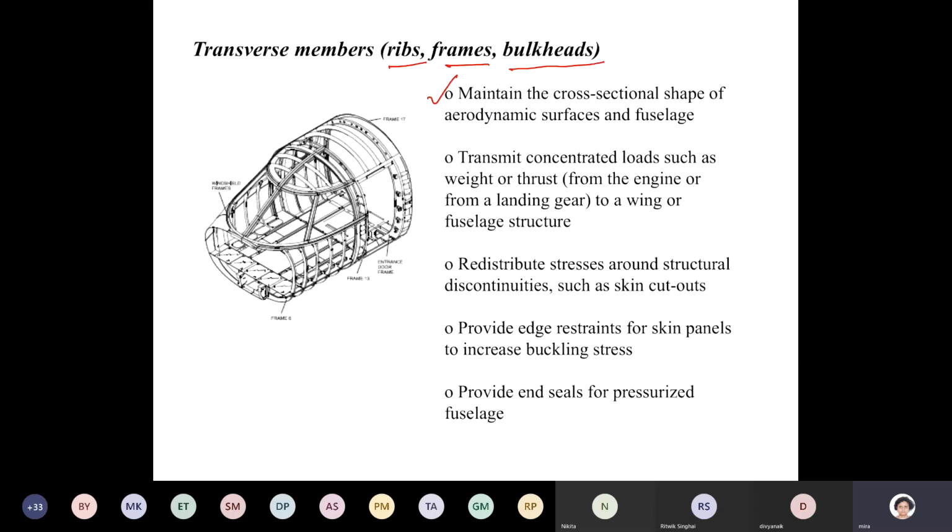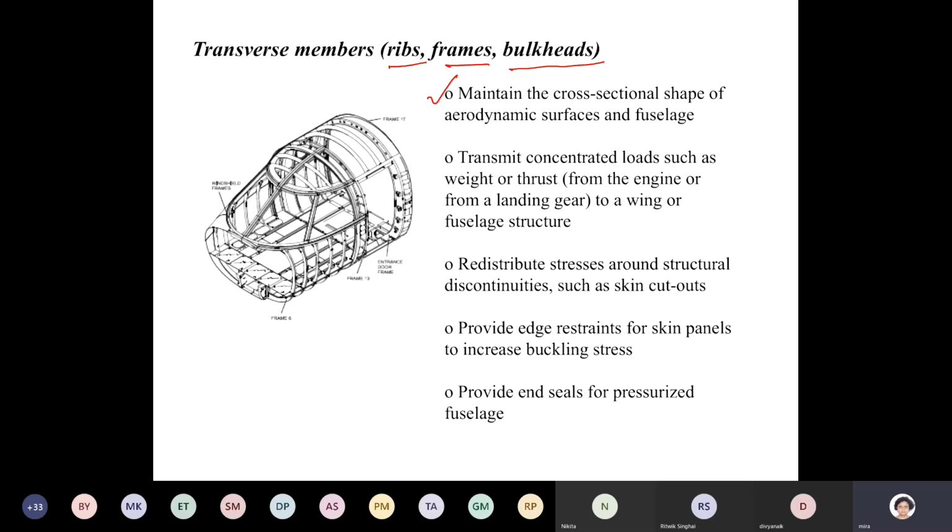So a bulkhead, frame or rib is usually placed in a location where the aircraft is designed to experience a concentrated load, maybe because of engine thrust or the weight of a certain component or instrumentation.